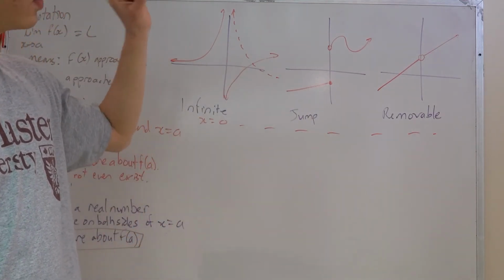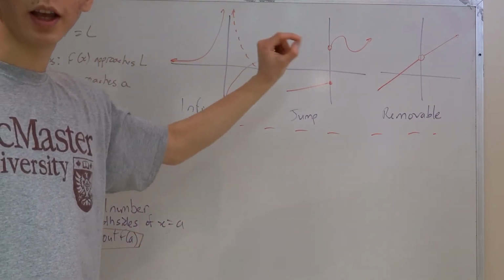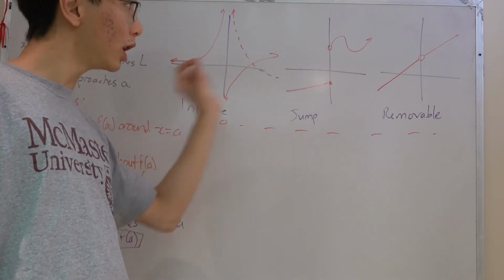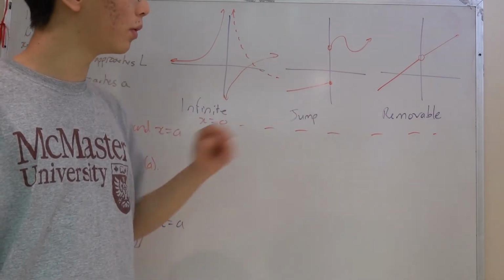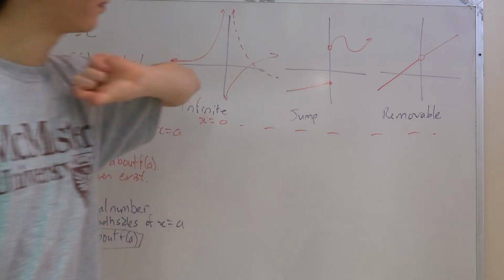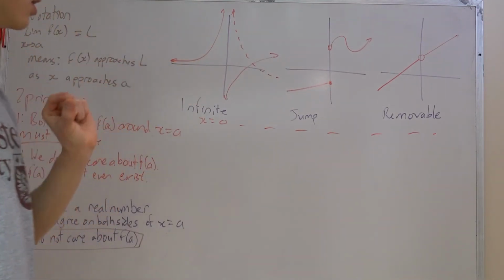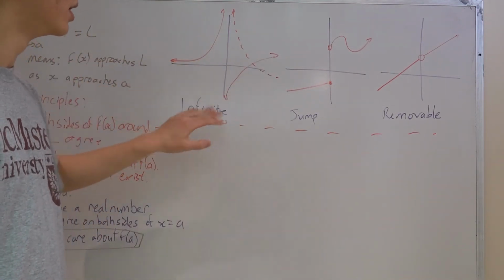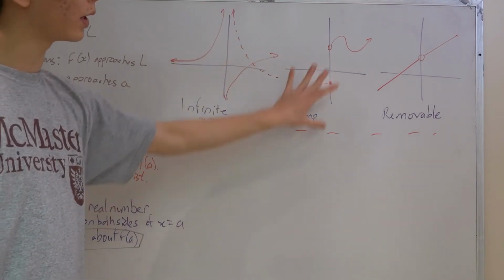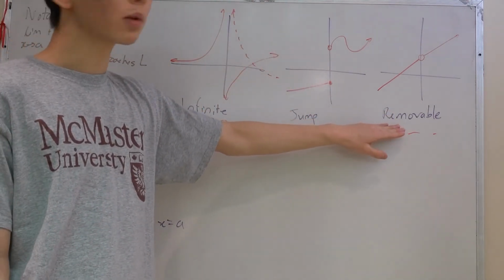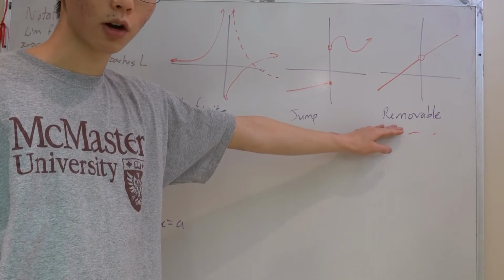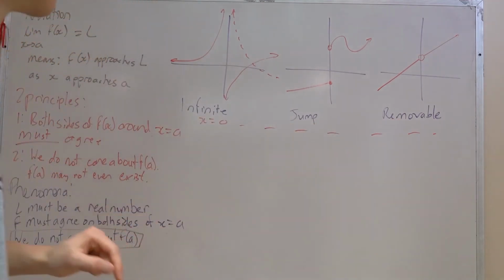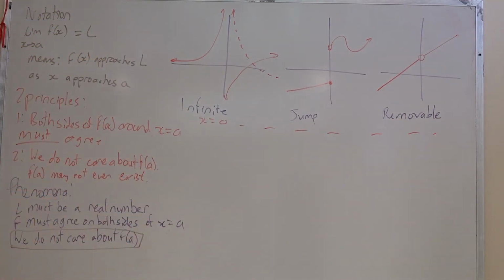However, it's very clear what point you need to fill in order for this function to be continuous again. So that's what we call removable, because it's like you just took a point and just removed it. Okay? It's not as severe as these two. Typically, these two discontinuities are very severe. This one, sometimes it's even difficult to tell that there is a discontinuity just by looking at the function. But I'm going to show you how to tell right now.